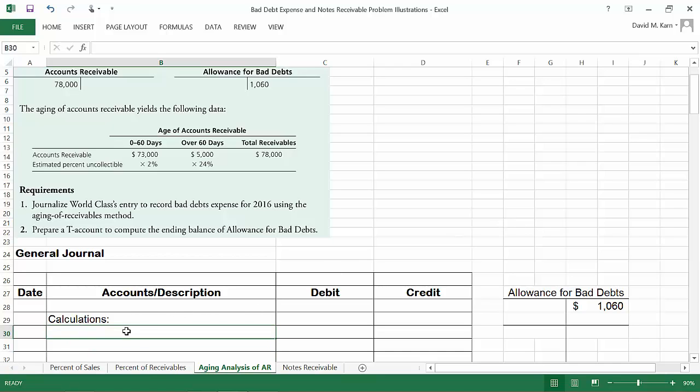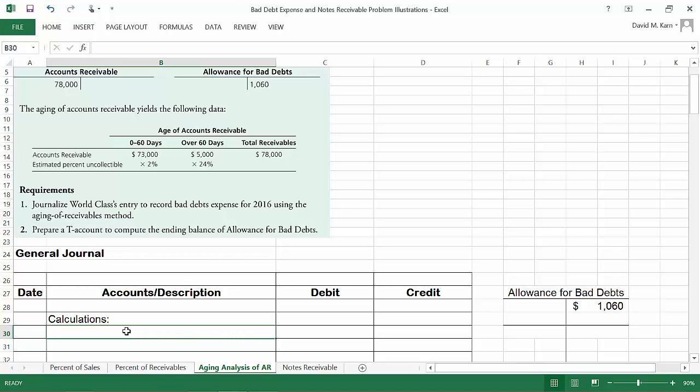You're always going to be given the amount that they deem uncollectible in percent form. For the 0 to 60 days category, the estimated percent deemed uncollectible is 2%. And anything over 60 days past due is higher, at 24%.